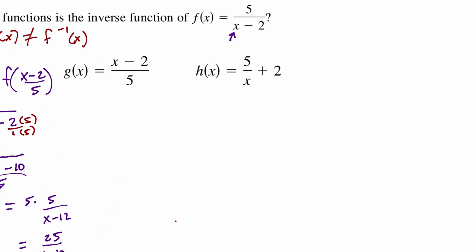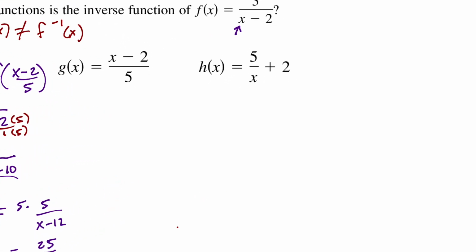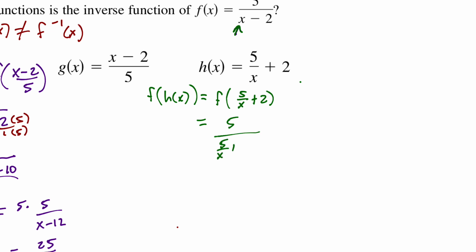So it says which one is, so let's hope that h is. All right, so let's check h. If I do f of h of x, that's f of 5 over x plus 2. Again, I'm going in and I'm replacing this x in f with 5 over x plus 2. So I have 5 over (5 over x plus 2) minus 2.